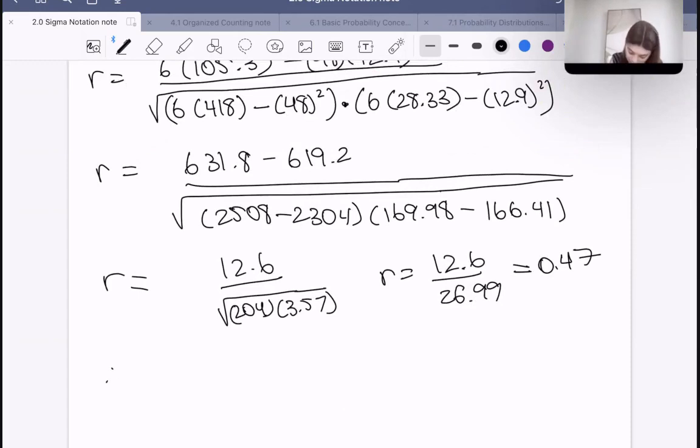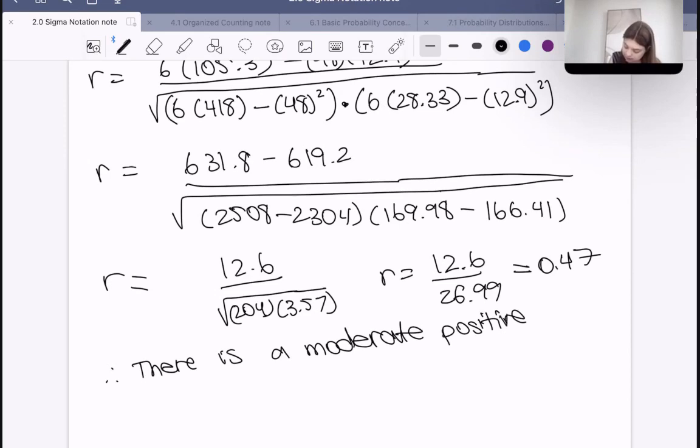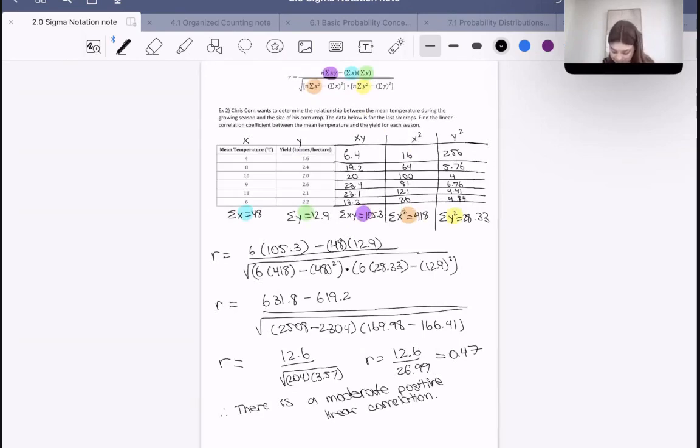So therefore, there is a moderate positive linear correlation, not combination. We'll learn about combinations later, but for now we're learning about correlations.